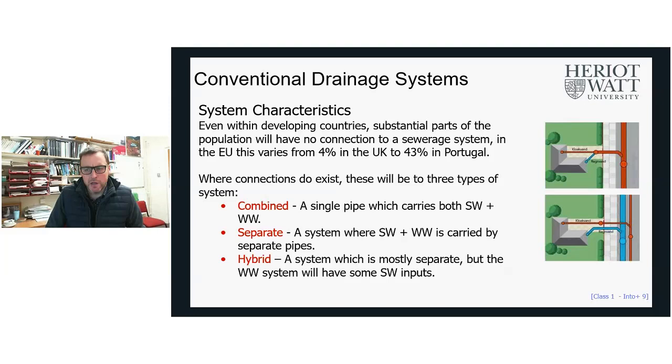Hybrid systems, as the name suggests, are somewhere between the two. They are mostly separate, but the wastewater system will have some surface inputs. So it might be that you've got a surface which is considered to be highly polluted. Near where I live, there's an IKEA, not too near, I have to say. At the back of that there's a big yard which is used for washing down the vehicles.